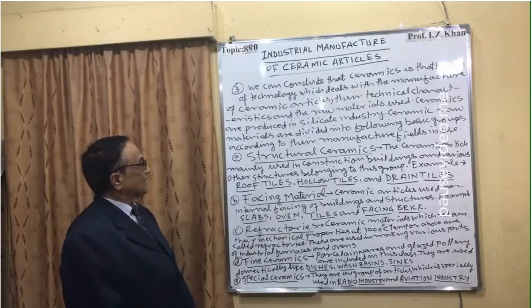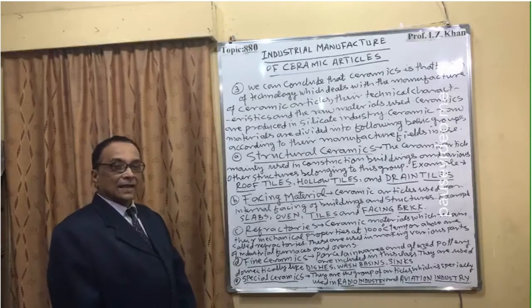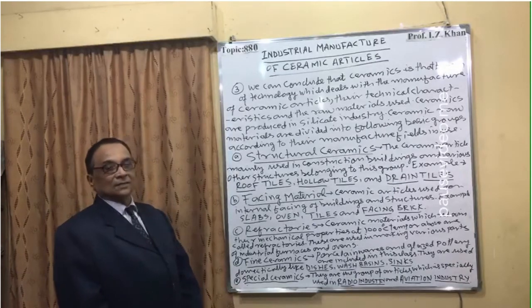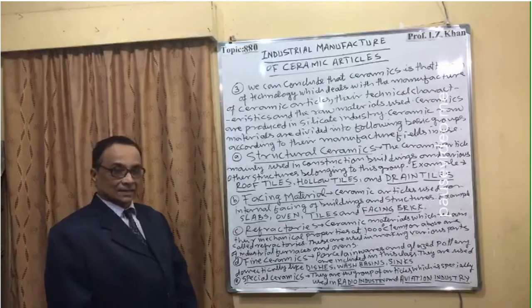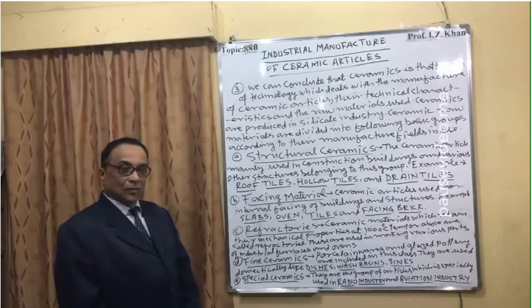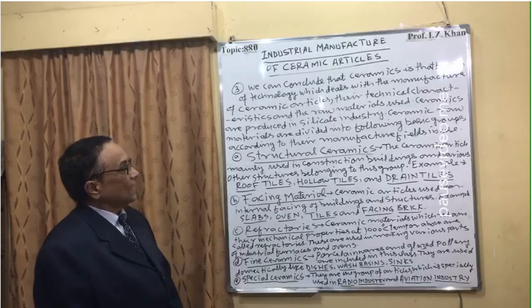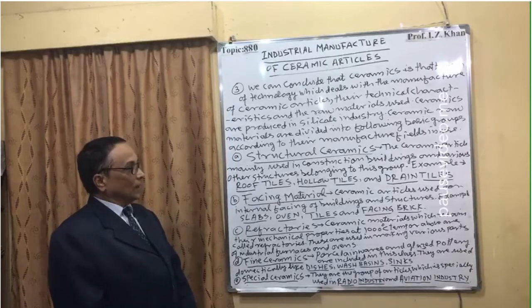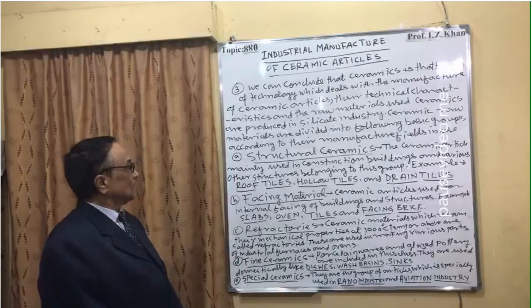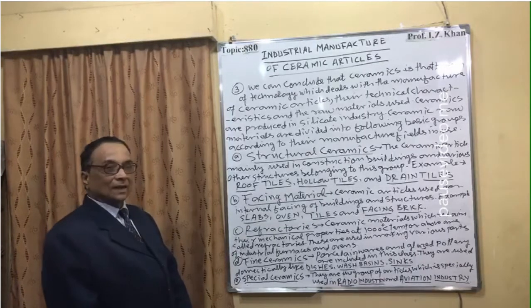The ceramics are produced in silicate industry, and that industry is called silicate industry, clay industry, pottery industry, where silicate is mainly raw material. And ceramic raw materials are divided into following basic groups according to their manufacture, field and use.